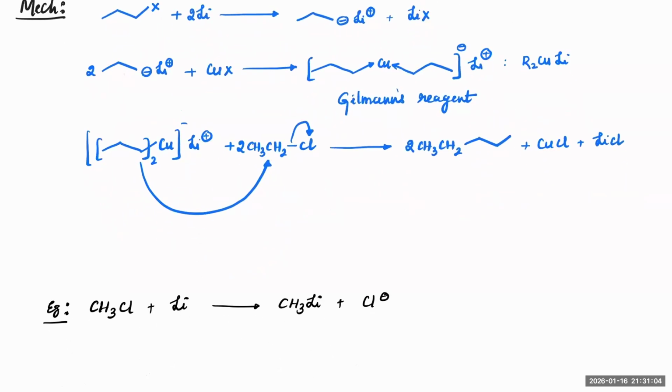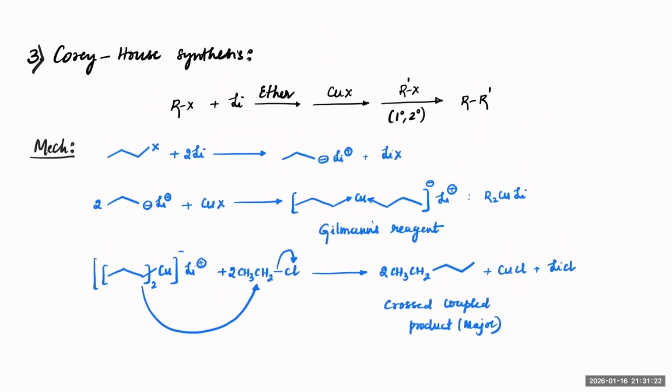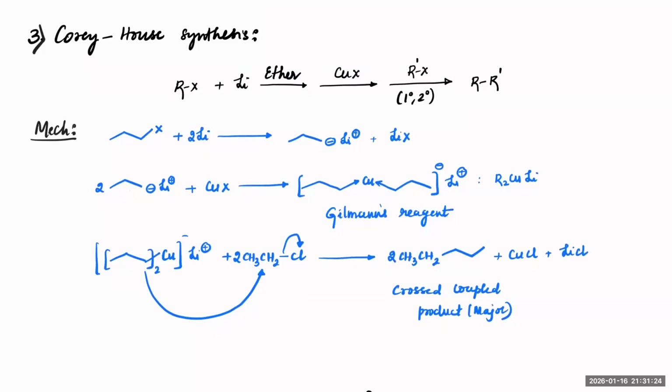Got it? So what we got is a cross-coupled product, which is major. Otherwise, have you noticed with the Wurtz reaction, the major problem was we were not able to get it as a major product, and that is being resolved using Corey synthesis.